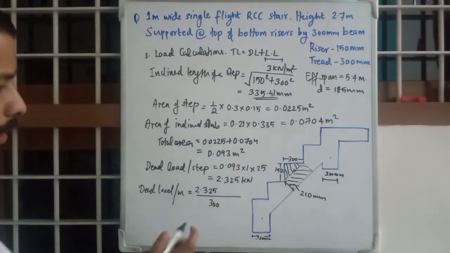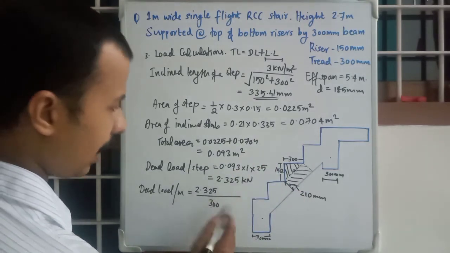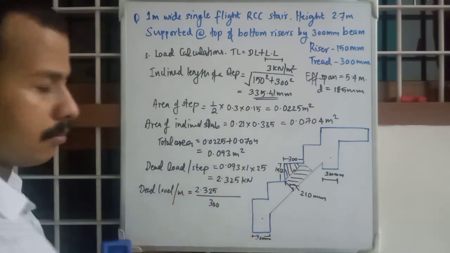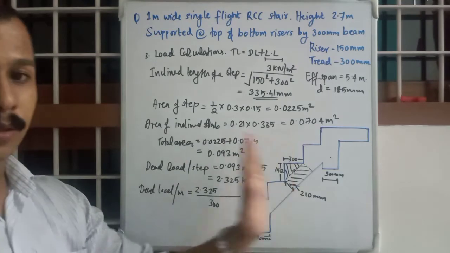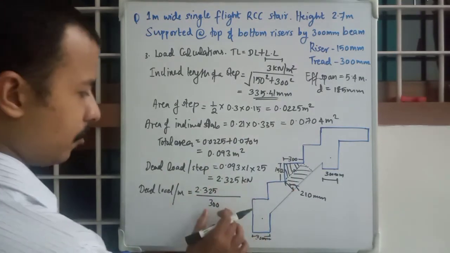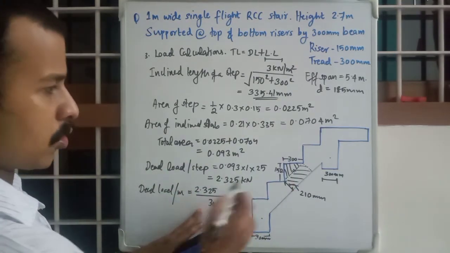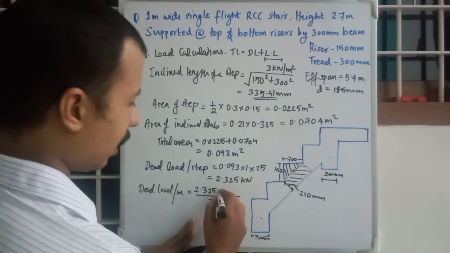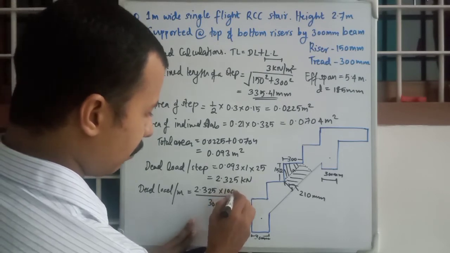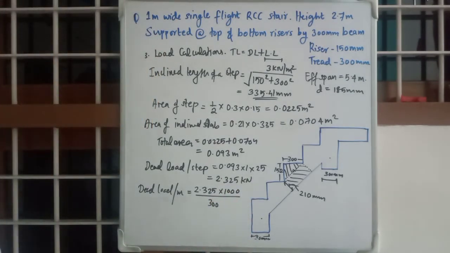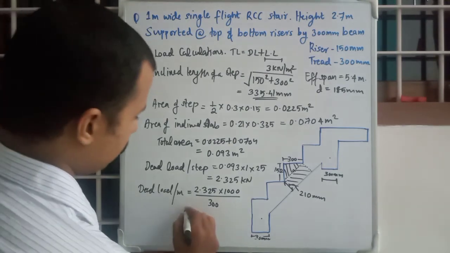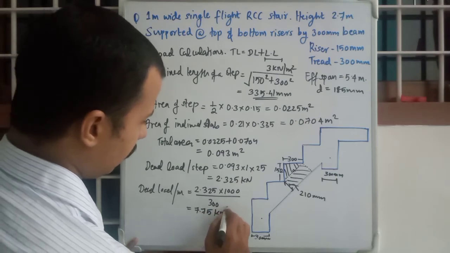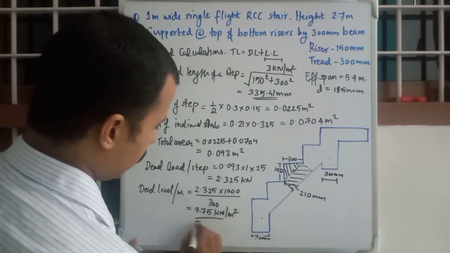So while converting, 2.325 divided by 300 is for converting it per millimeter of horizontal length of this slab. So for converting it into per millimeter horizontal length, you divide by 300, and for converting it into per meter you multiply it with 1000. Okay, so that is 7.75 kilonewton per meter square.